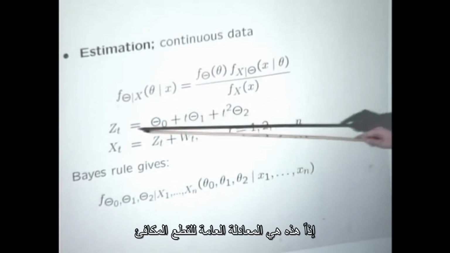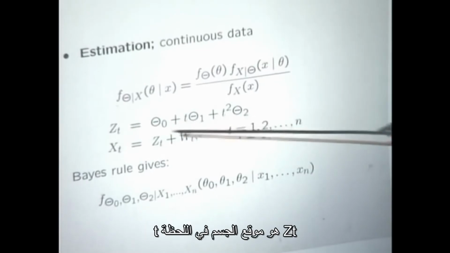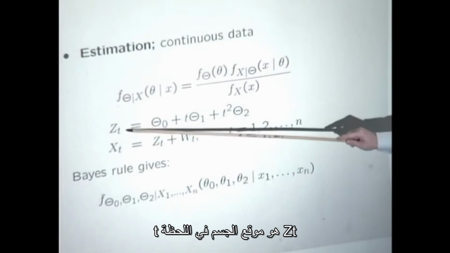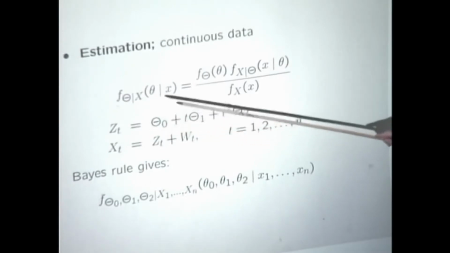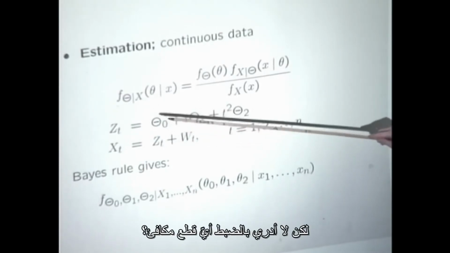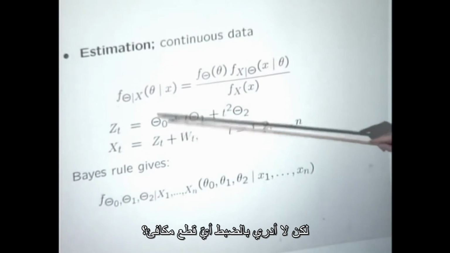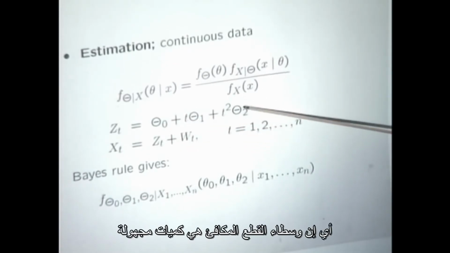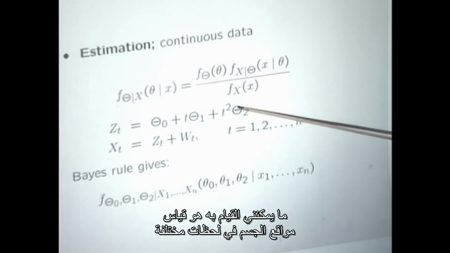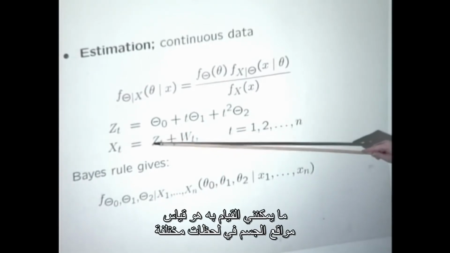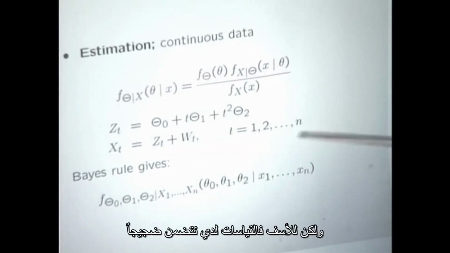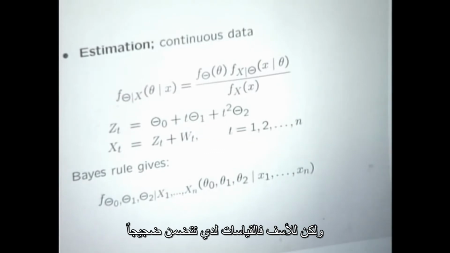So this is the general equation of a parabola. Zt is the position of my object at time t. But I don't know exactly which parabola it is, so the parameters of the parabola are unknown quantities. What I can do is to go and measure the position of my object at different times, but unfortunately my measurements are noisy.